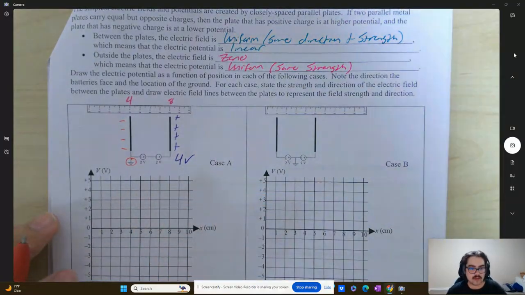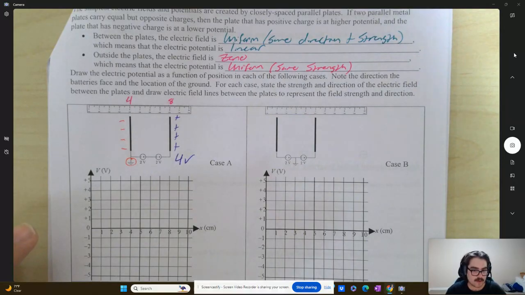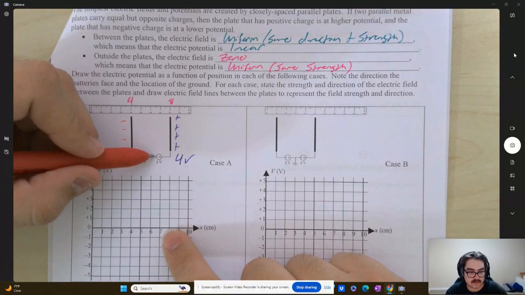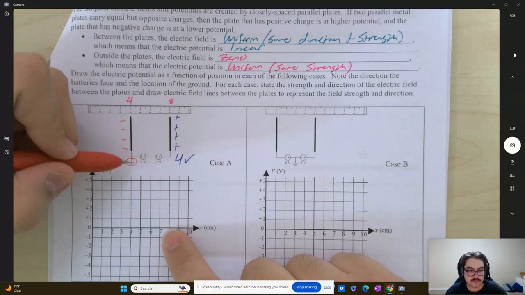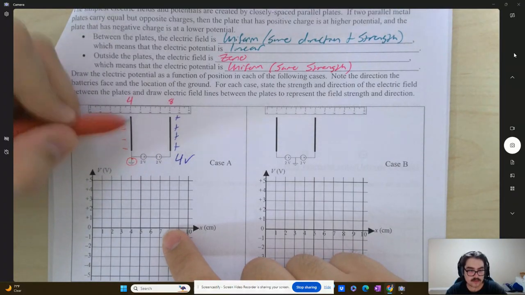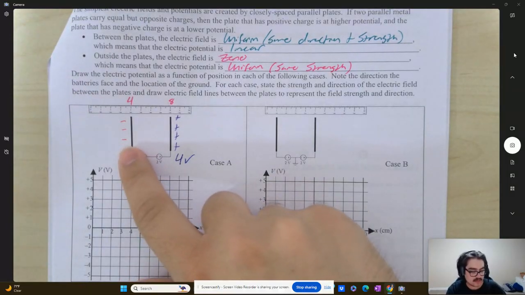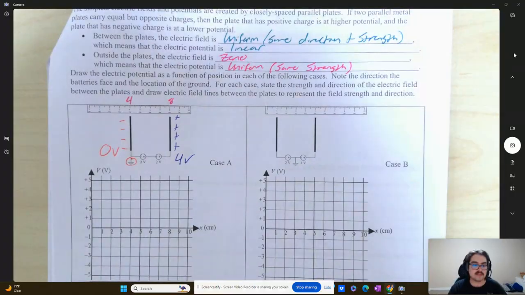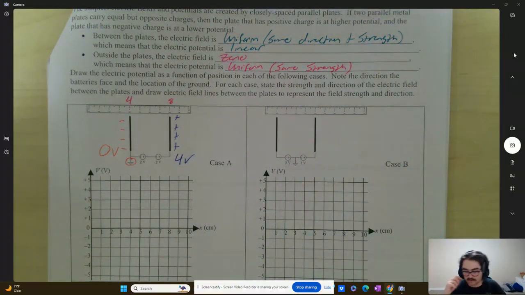That's a ground. Don't confuse it for a battery. When there's a ground present, the electric charges want to go through the ground, they don't want to go into the plate. So this is actually going to have an electric potential of 0 volts because the ground is there.